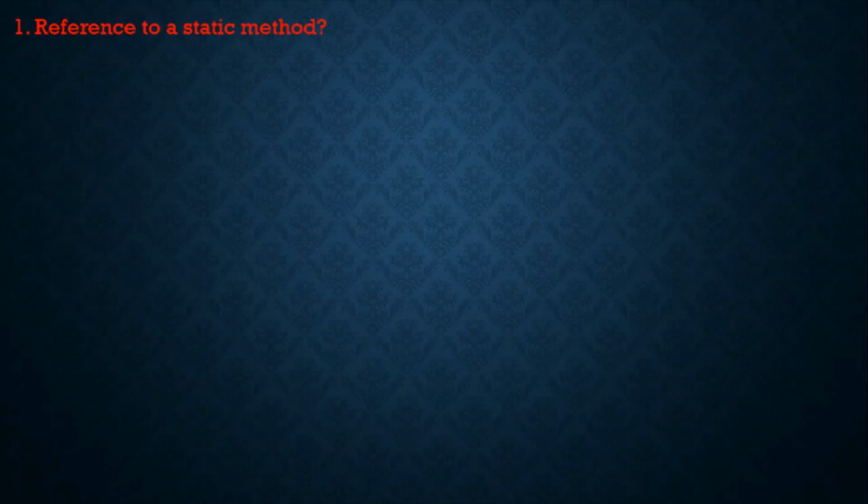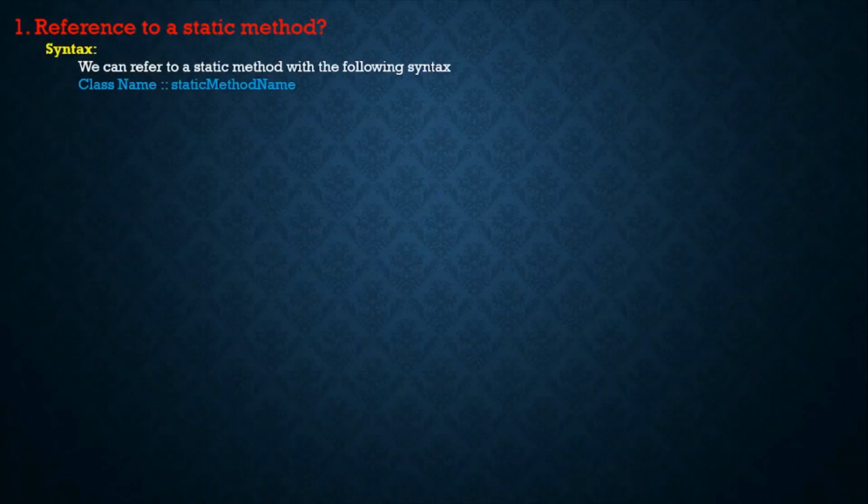A static method reference is the class name, then the double colon operator, followed by the method name. This is the way we refer to a static method.